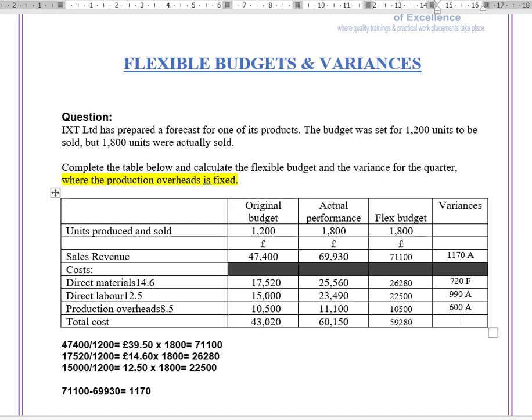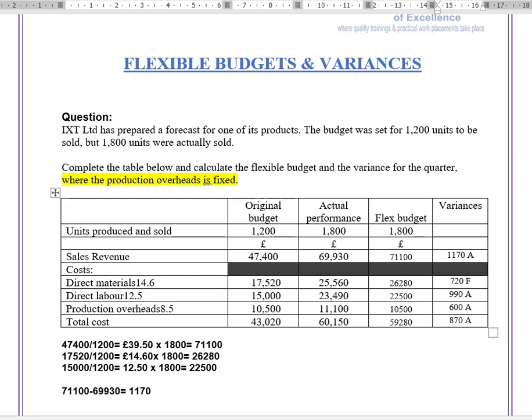Then my cost, I'm looking at £59,280 that you're supposed to spend, but you actually spent £60,150, which is a little too much. So when you're supposed to spend £59,280, you spent £60,150. That is an adverse variance. So we'll find the difference and it will be an adverse variance.